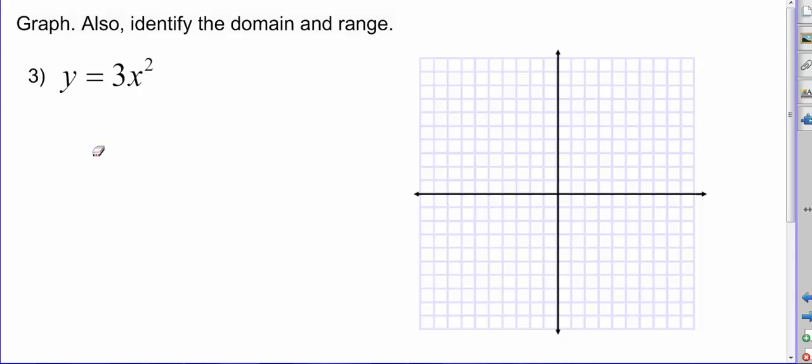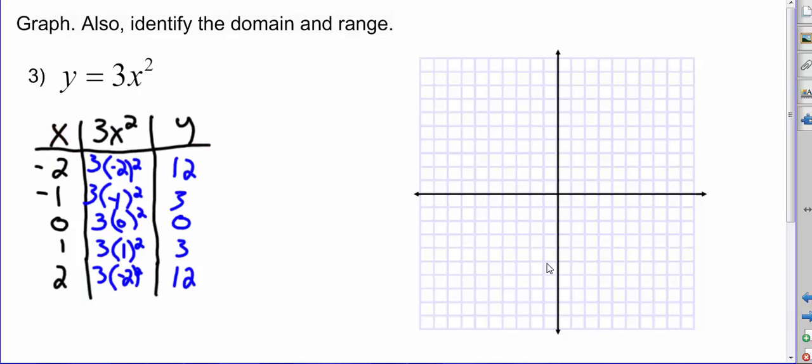What we're going to do on this one is make a chart, so that we can figure out what our x values and y values are going to be. You can see our table of values here. We took all of these x values, plugged them into our function, and it gives us y values.